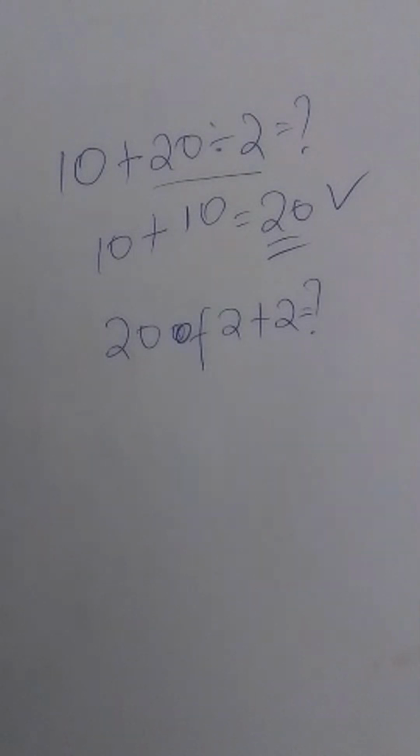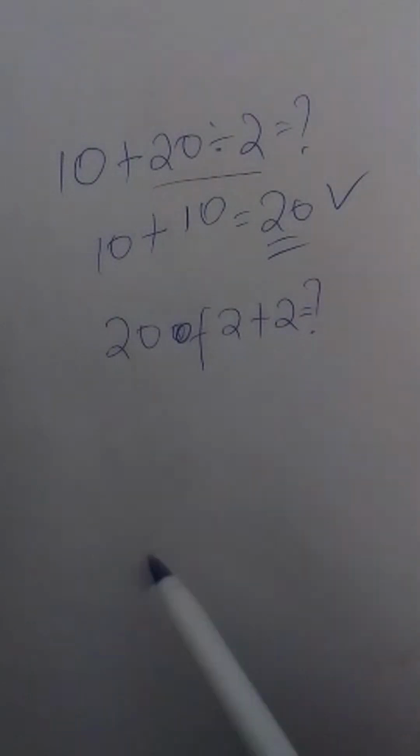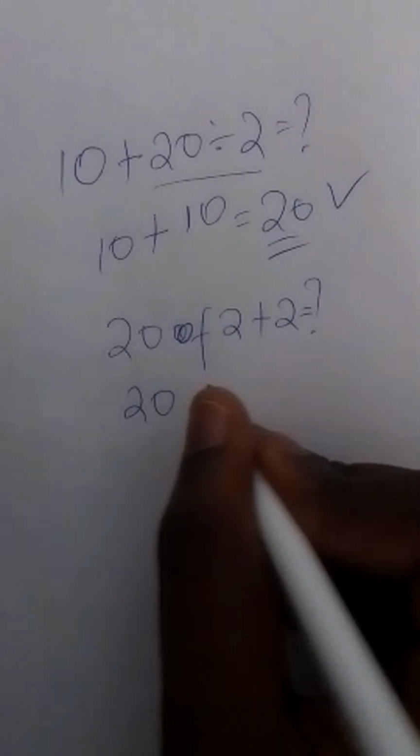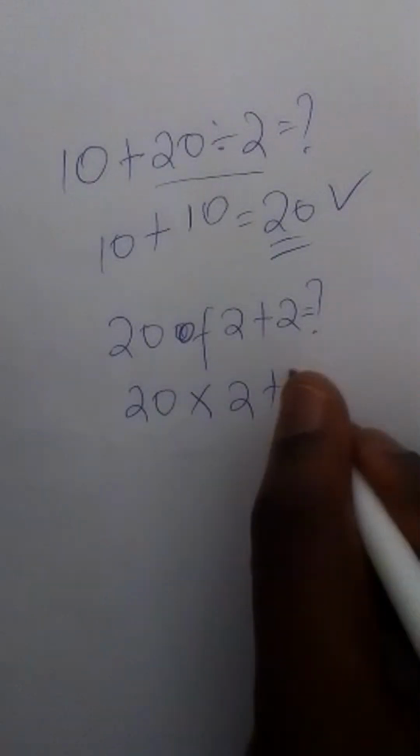20 of 2 plus 2. So this one is how we are going to work it out. 20 of, "of" means multiplication, 20 times 2, then plus 2 here.